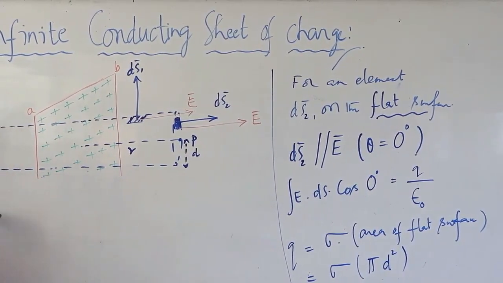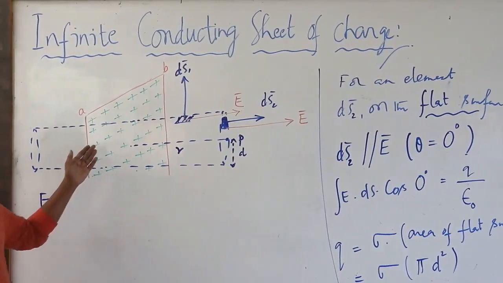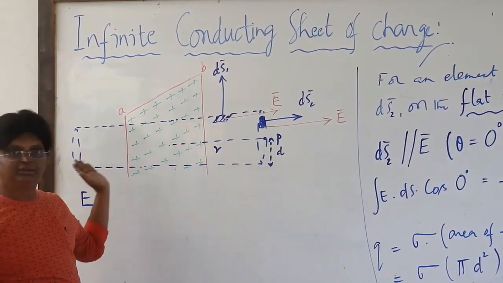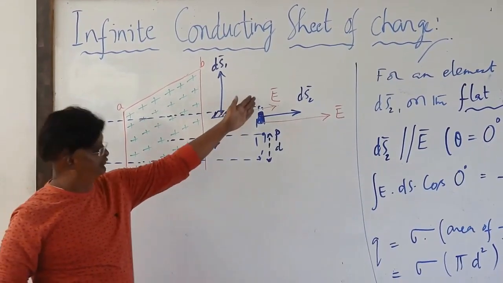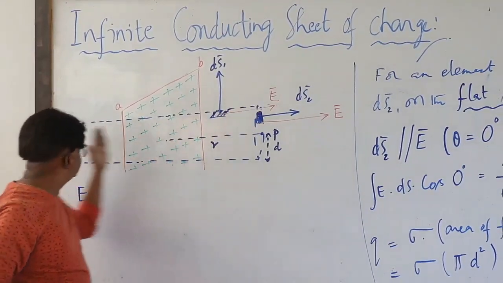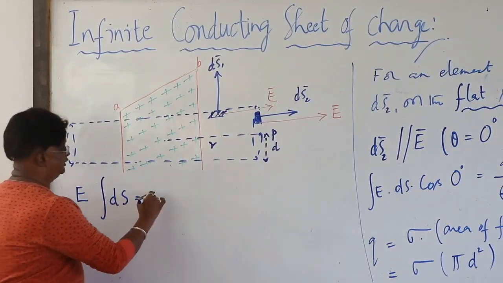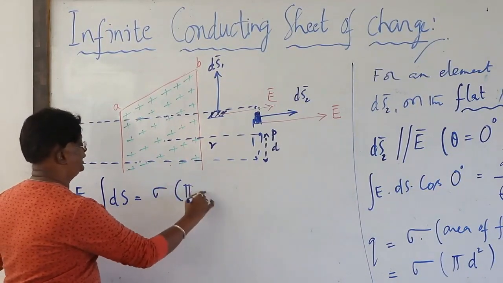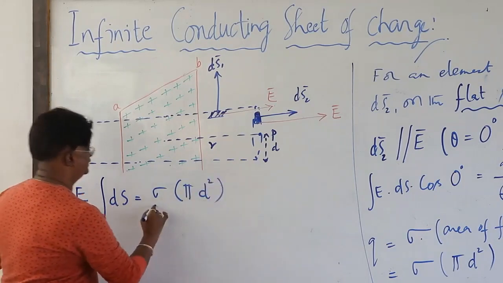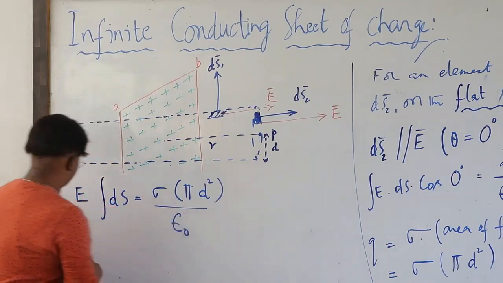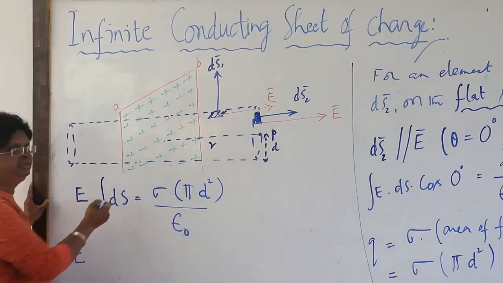E is the same on the Gaussian surface on both flat surfaces, 1 and 2. Integral ds is equal to sigma times pi d squared by epsilon naught. Now what is that integral ds?